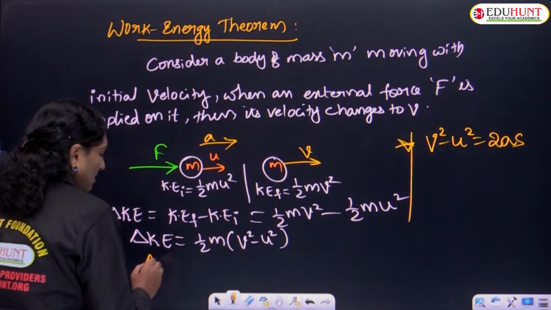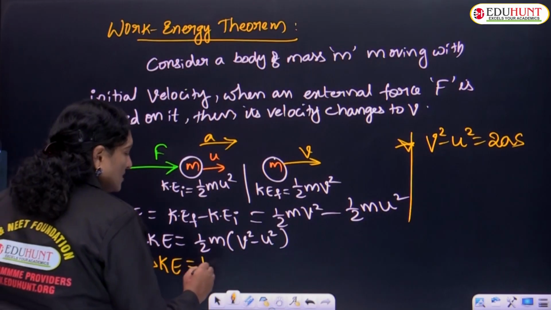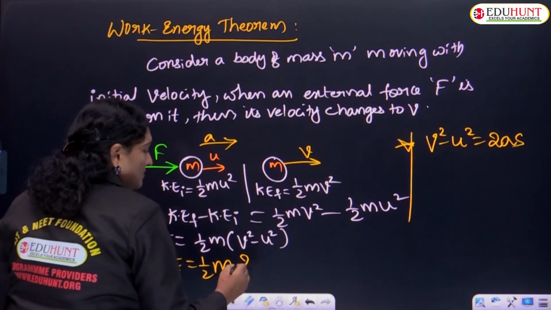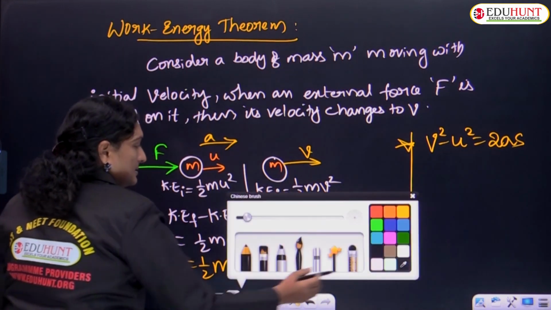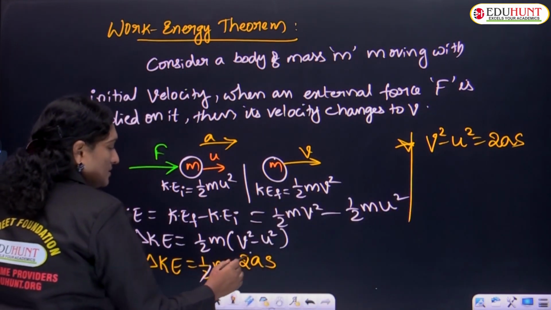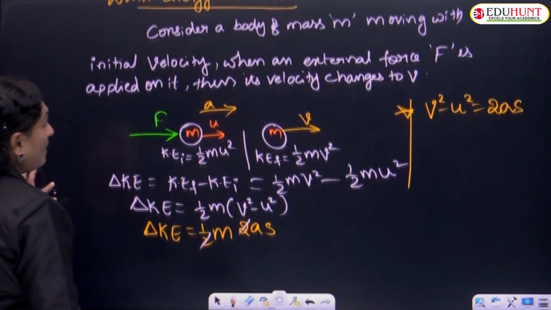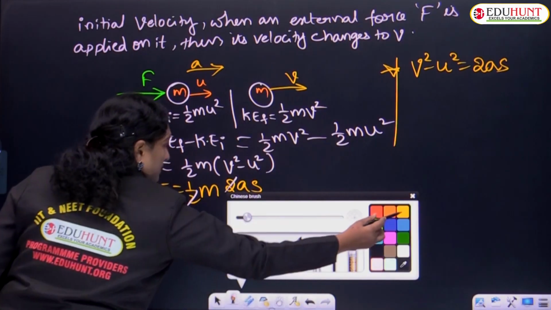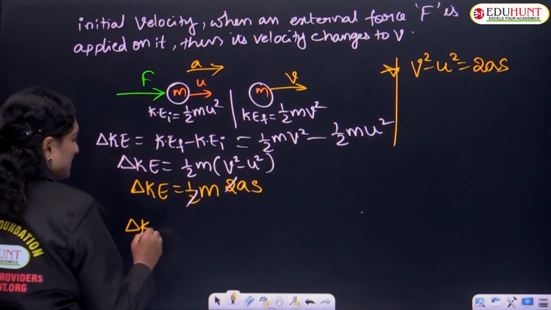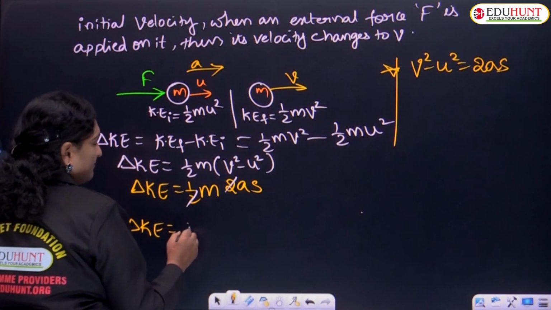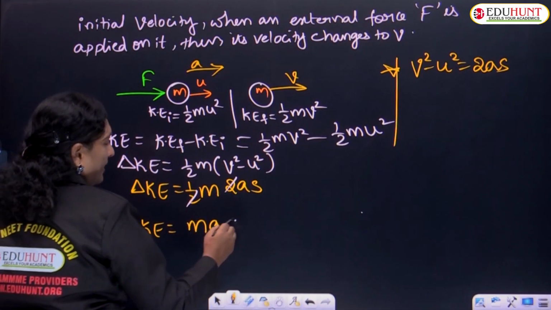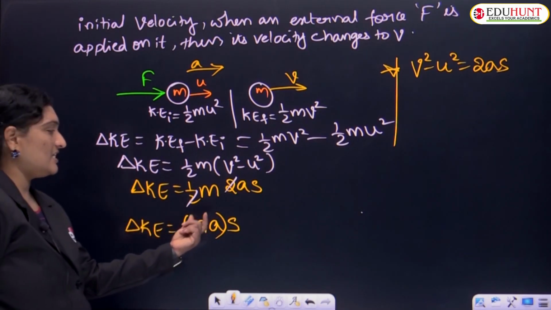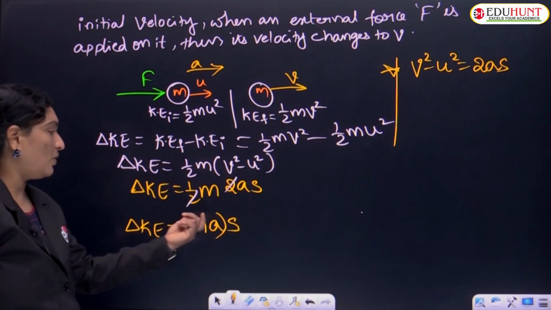Substituting the same, we have the change in kinetic energy equals half m into 2as. Simplifying further, this 2 and this 2 get cancelled, and you are left with m, a and s. So change in kinetic energy equals ma into s. But what is ma?